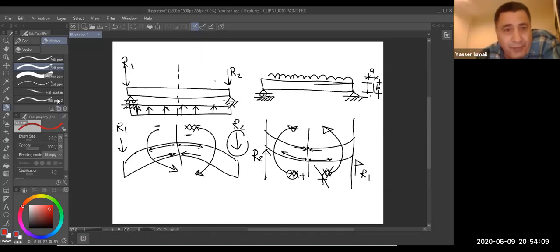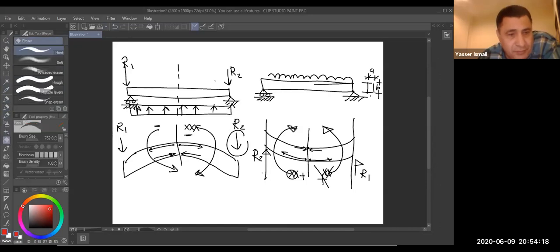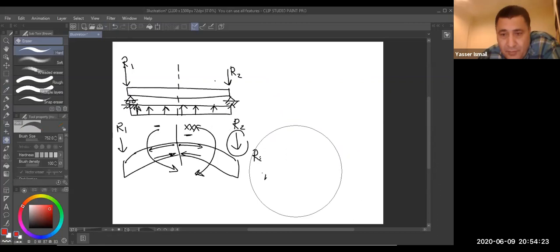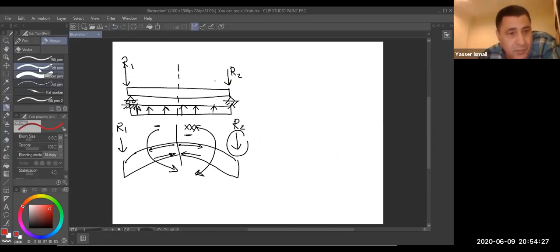Let's go. Let us draw the bending moment for a cantilever. You have a cantilever.